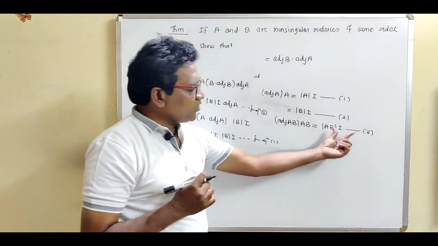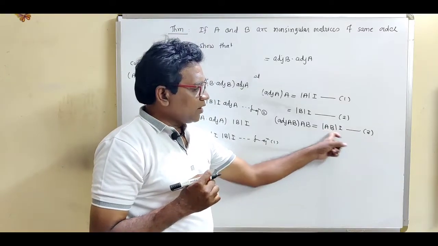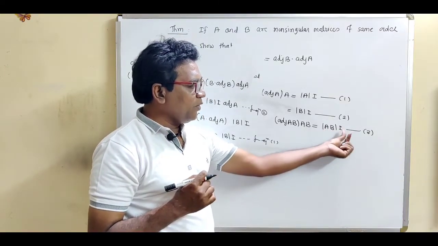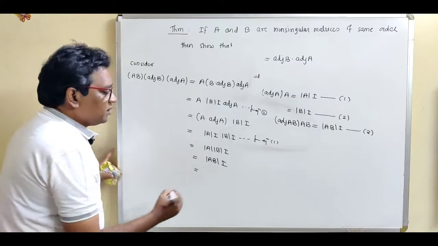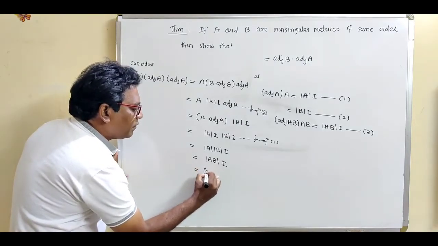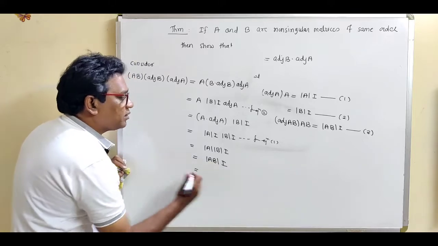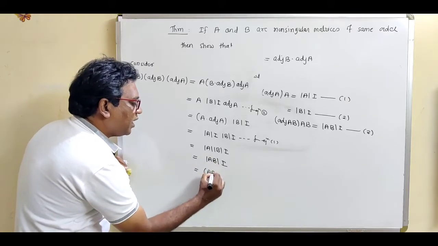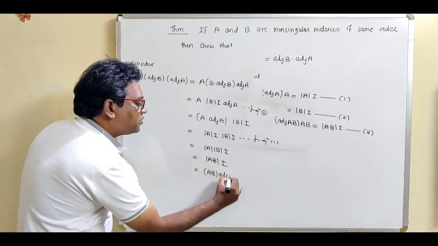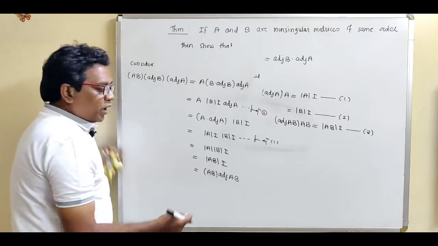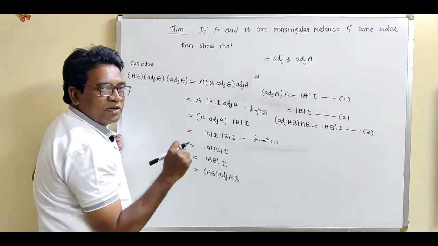Now from equation 3, let us put this value in determinant AB into I. So what is that value? This is given by AB into adjoint of AB. We are putting this value from equation number 3.